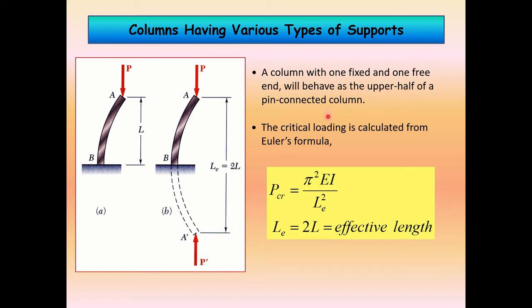The critical load is calculated from the Euler formula, P critical equals pi squared times E times I divided by L effective squared. The L effective for fixed and free equals 2 times L. This is the effective length for this type of column.